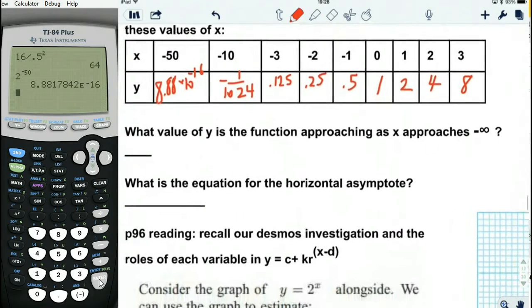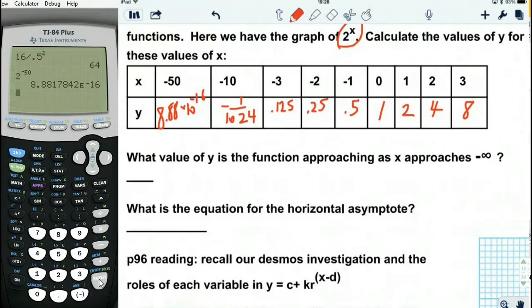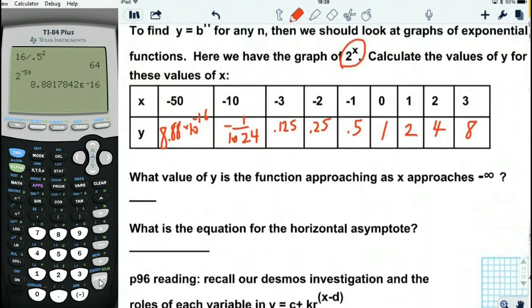What value of y is the function approaching as x approaches negative infinity? Let's see. When x is negative 10, it's already a pretty small number, about 0.001. At x equals negative 50, it's already at 0.00015 zeros, and then you get to an 8.